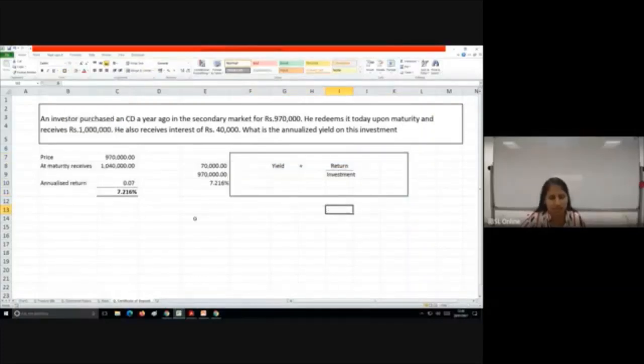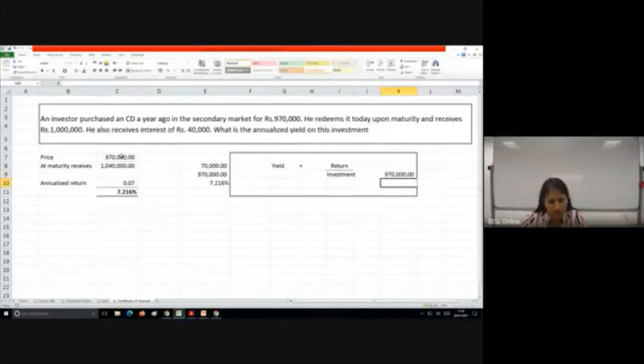Now, in this calculation, what is your return? On maturity, how much are you getting? On maturity, you are getting 1 million plus 40,000. What is the price that you paid? You have paid 970,000. What is the return that you got?